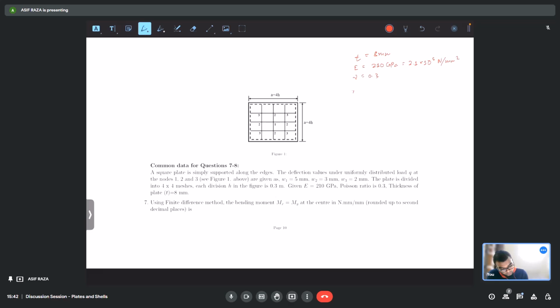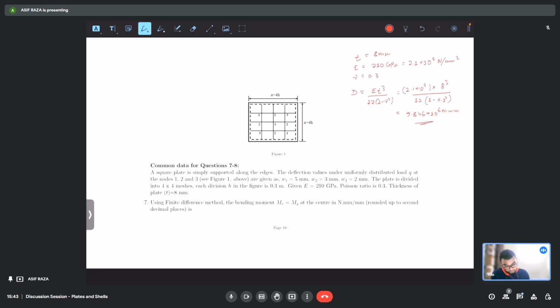So D equals E h cubed over 12 into 1 minus nu square, with 0.3 square. This would be equal to 9.846 into 10 power 6 Newton mm.